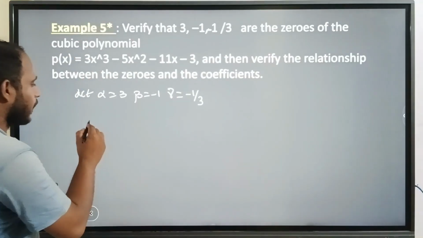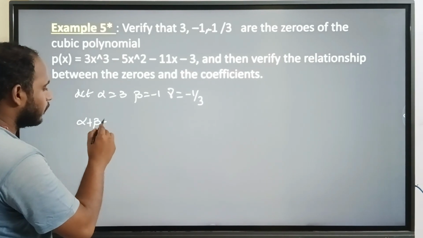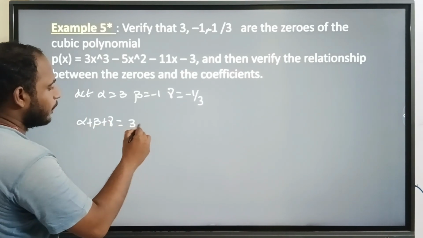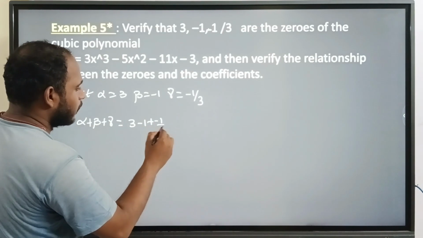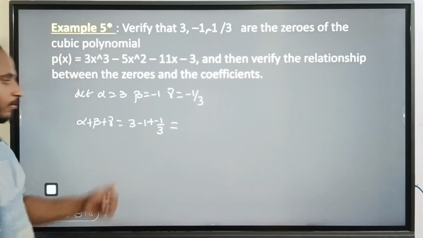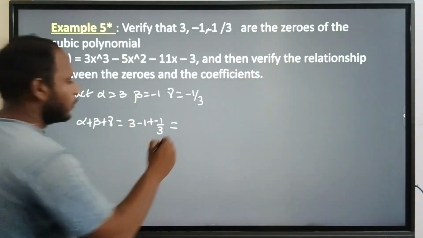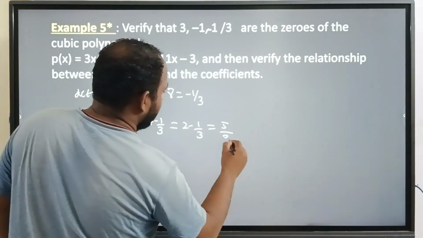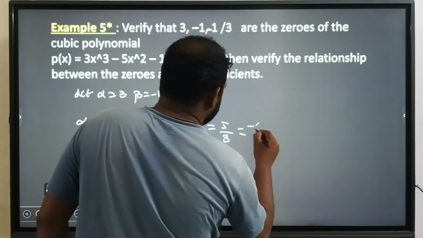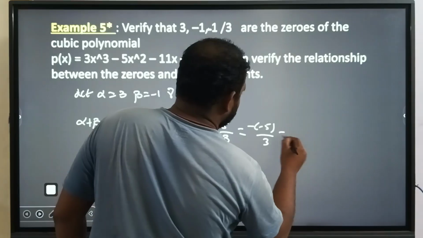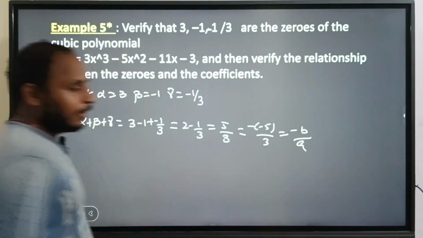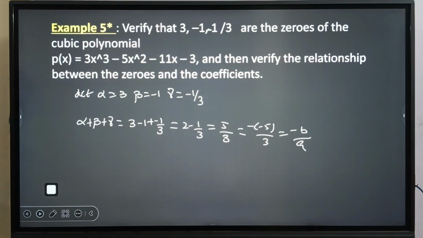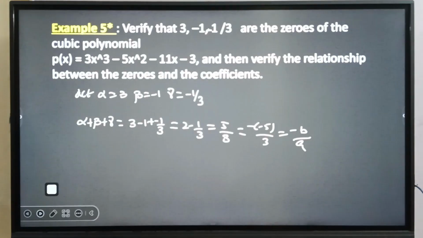Sum of the zeros, alpha plus beta plus gamma, equals 3 minus 1 plus minus 1 by 3, which is 3 minus 1 is 2, 2 minus 1 by 3, that is 3 times 2 is 6, minus 1, 5 by 3. 5 by 3 can be written as minus of minus 5 by 3, which equals minus b by a, where b is the coefficient of x square and a is the coefficient of x cube.